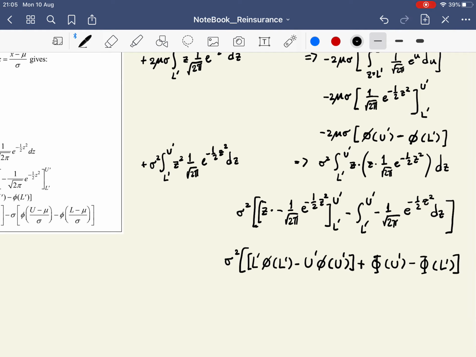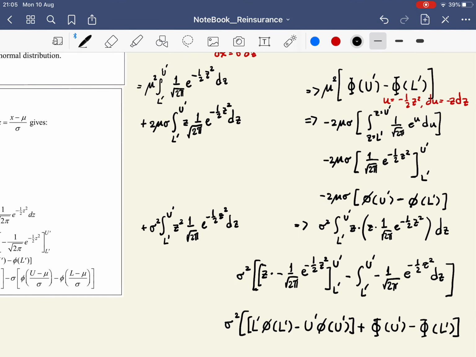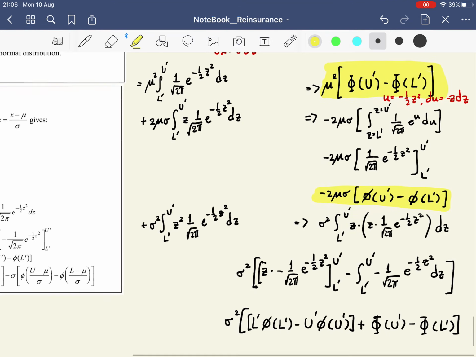So the final task is to put the three terms together, which, in case you lost track, is here the first term, the second term, and the third term.